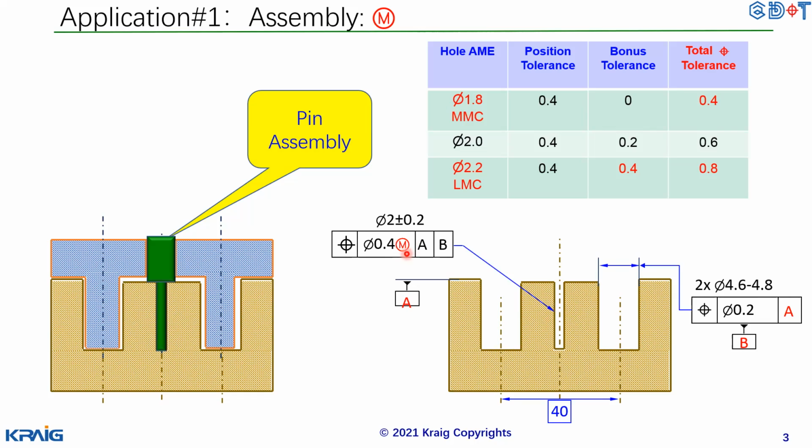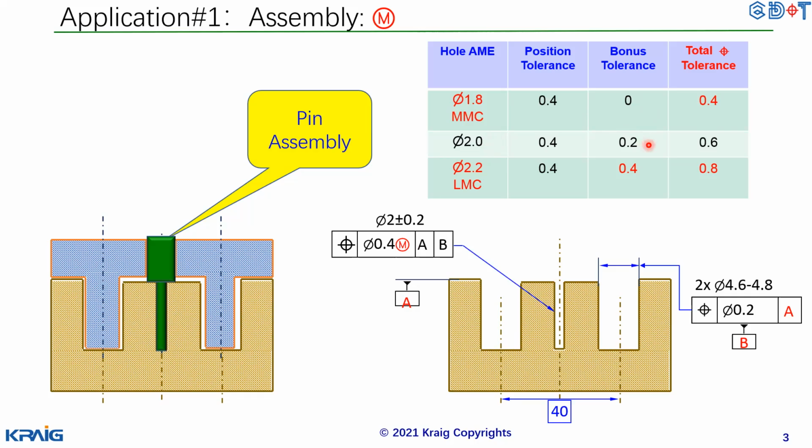That means if the hole size is smaller, 1.8 is the smallest size. So don't forget, the smallest size for the hole is the MMC modifier. In that situation, the bonus is 0, and the total position will be 0.4. If the hole size is 2.0, that means the size has increased, then there's going to be a bonus tolerance here.